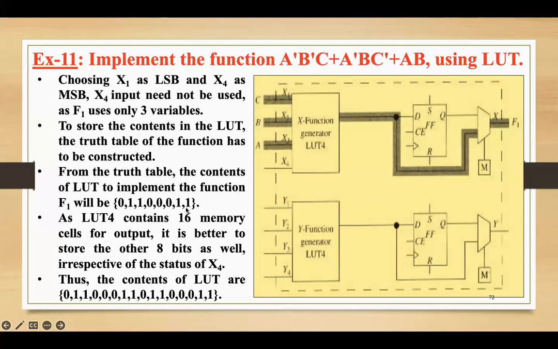You can create a table having ABC, and in the last column put F1, and wherever the value goes true, which means A bar, B bar, C, which means 0 0 1, for that the output is going to turn high. For the rest of the values, it's going to be 0. So that's how you're going to get this.